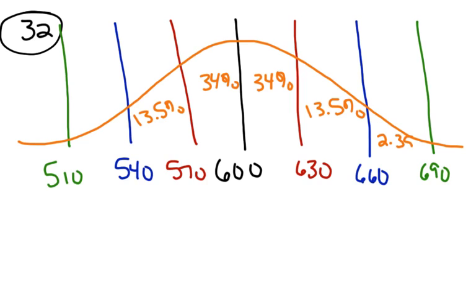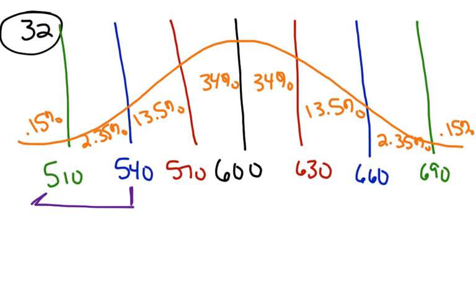Another 2.35% of the data will be 3 standard deviations to the left or right. And then we discovered that the last percent was 0.15%.